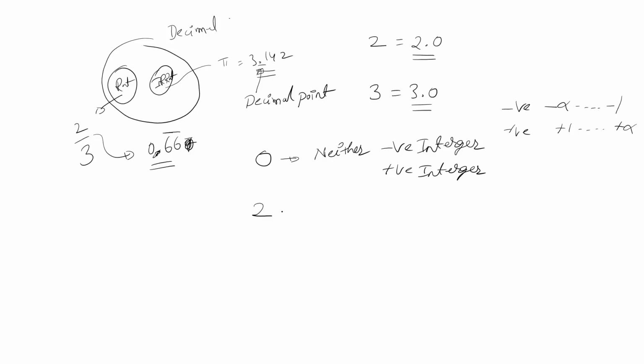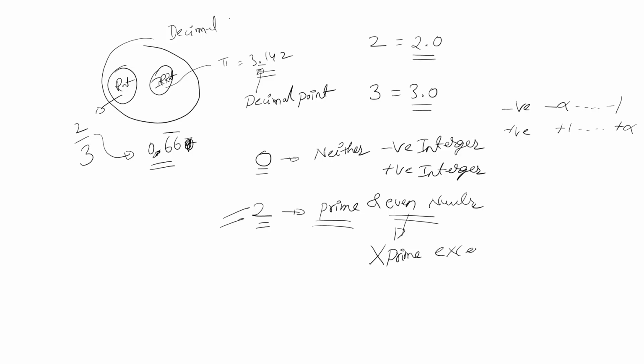Now coming to 2. 2 is a prime and even number. Keep it in mind, these two have very important definitions while describing numbers, because 2 has a very good feature. 2 is a prime number itself and an even number, and no even number is a prime number except 2, because all even numbers are divisible by 2, by 1, and by itself.